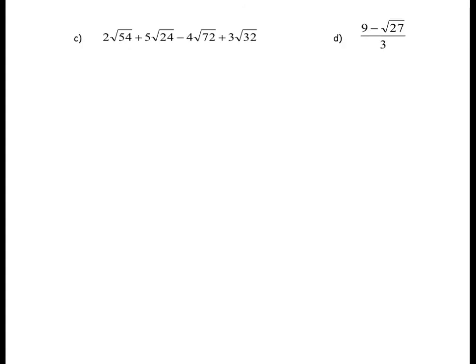The next one is 2 square root of 54 plus 5 square root of 24 minus 4 square root of 72 plus 3 square root of 32. Again, I can write this as 2 square root of 54, which is really 9 times 6, plus 5 square root of 24, which is 4 times 6, minus 4 square root of 72, which is really 9 times 8.